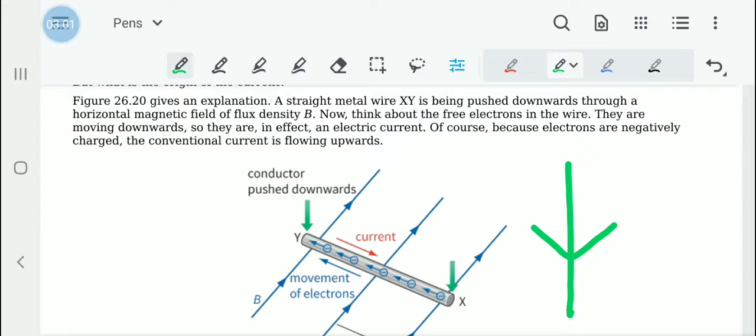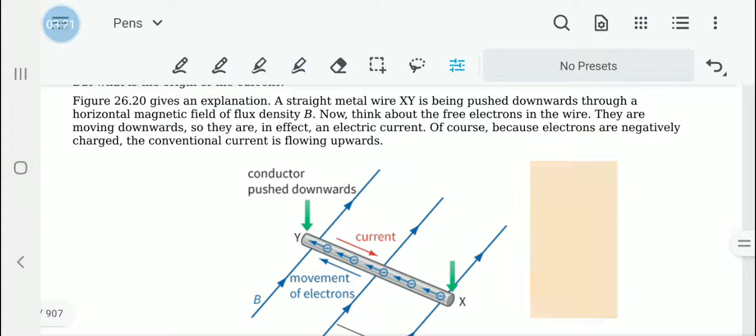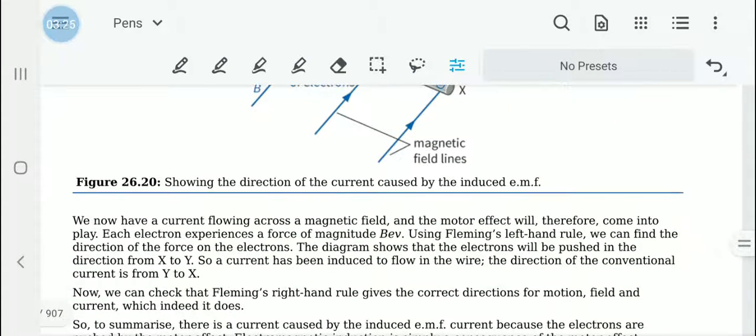Because electrons are negatively charged, and we talk about positive charge movement, the current is flowing upwards. The conductor is pushed downwards, and as a result the current is said to be flowing upwards.